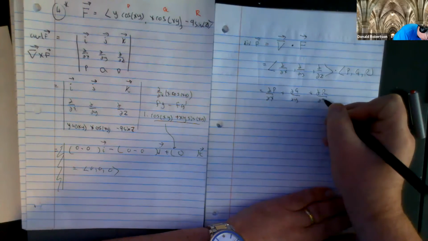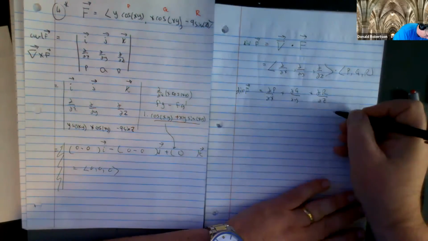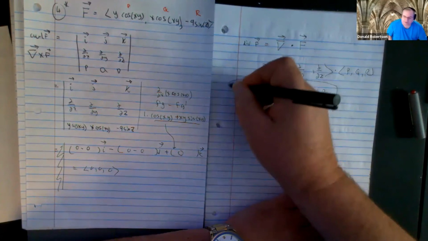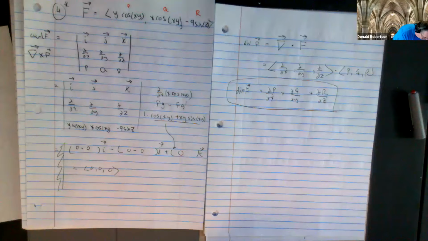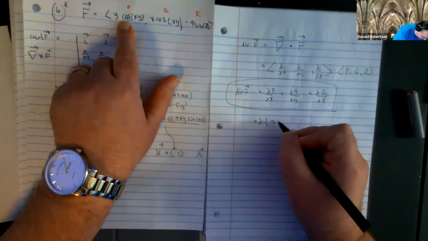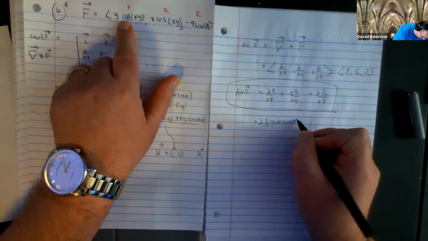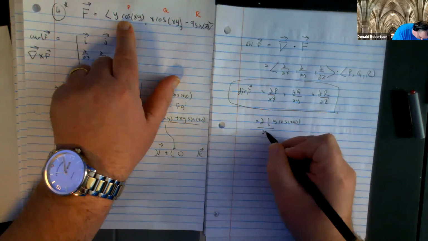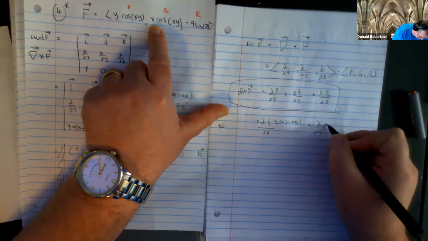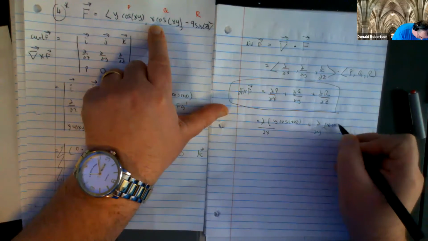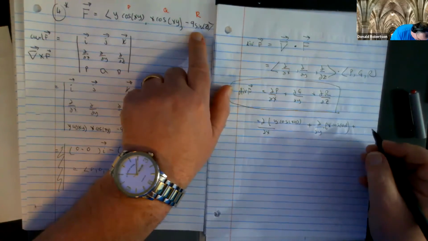In fact, for the divergence, wouldn't that be an easier starting point, just remembering that formula? So if you differentiate y cosine of xy with respect to x, plus differentiate with respect to y, x cosine of xy, plus differentiate this guy with respect to z.